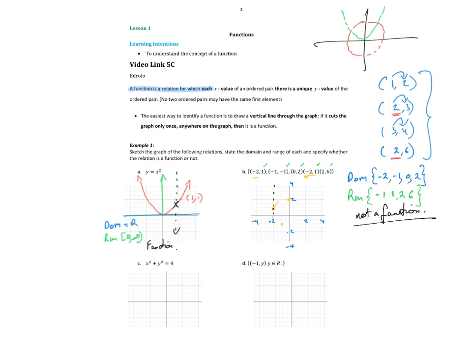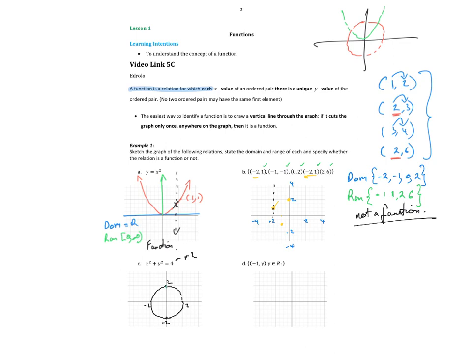All right, x squared plus y squared equal to 4. Hopefully we remember it's a circle with a radius of 2. I'll just draw that circle. It's not too bad: -2 to 2, -2 to 2.